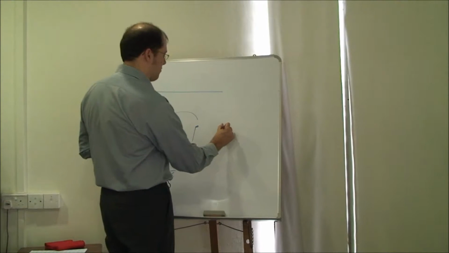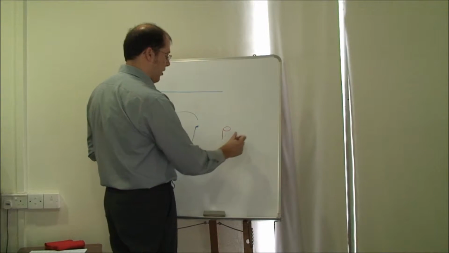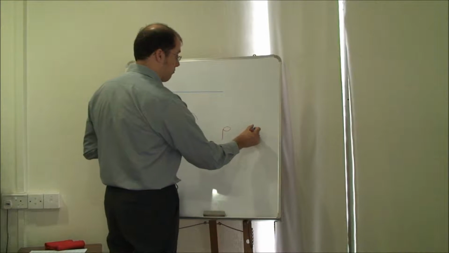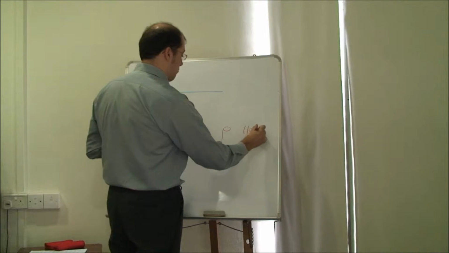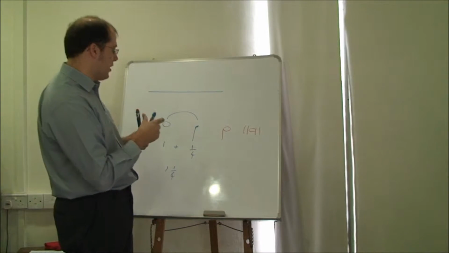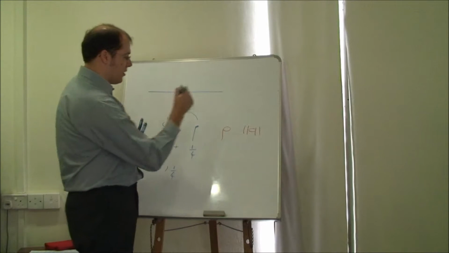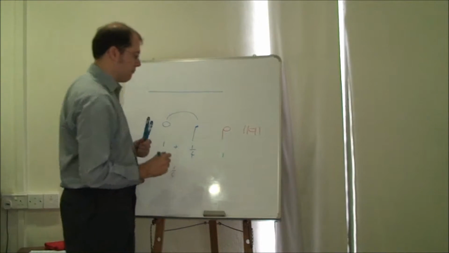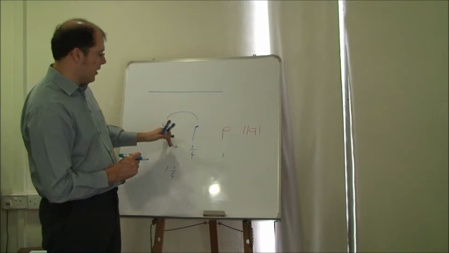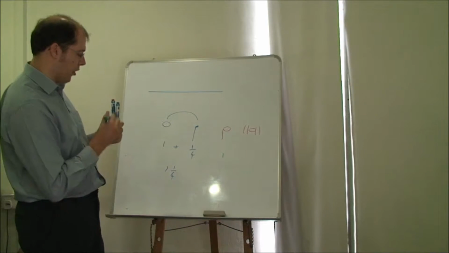So if we have a minim and that, and let's say now, for argument's sake, the minim is 1. Because remember, there's no fixed value for the note lengths.